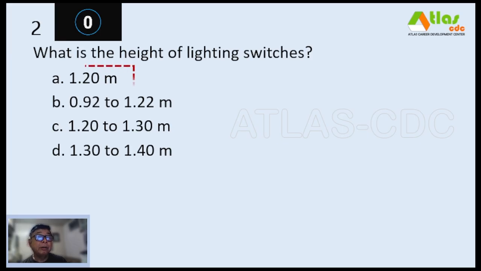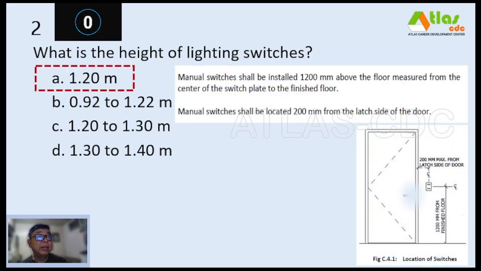And our correct answer is letter A, 1.2 meters. So according to the amended IRR, manual switches shall be installed 1.2 meters above the floor, measured from the center of the switch plate to the finished floor. And manual switches shall be located 200 mm from the latch side of the door, that is the distance from the door latch.